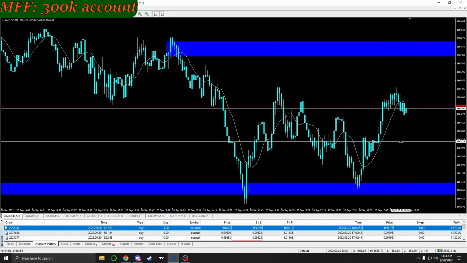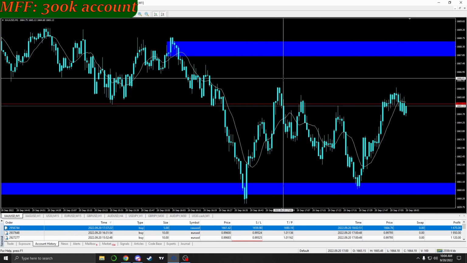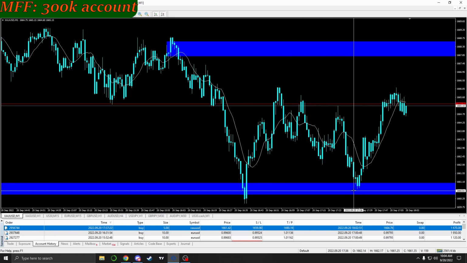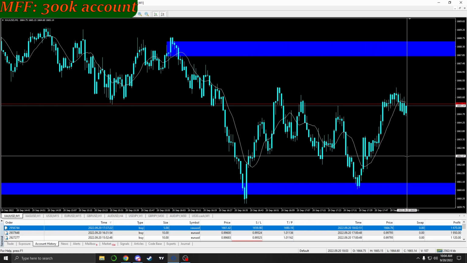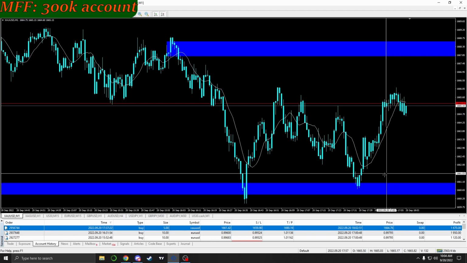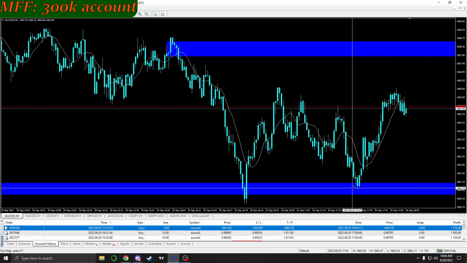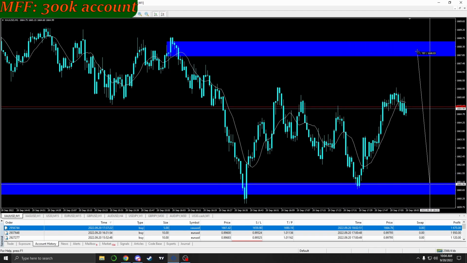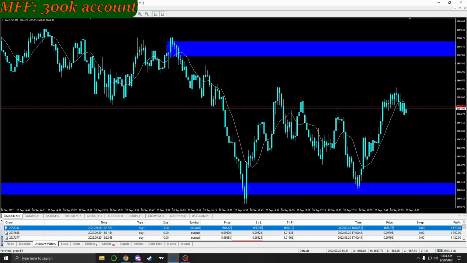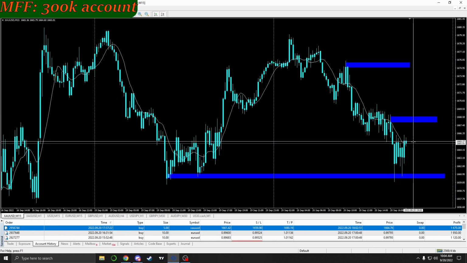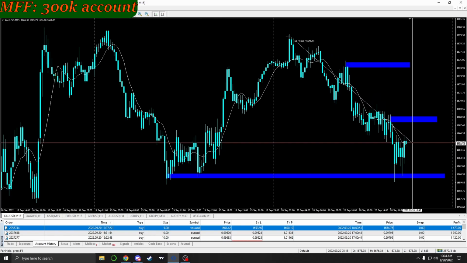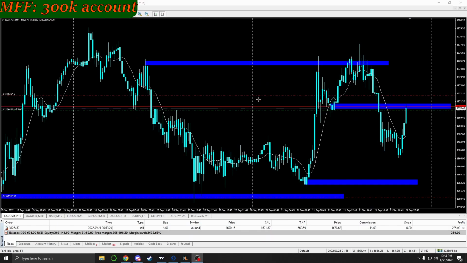So potentially, it did break structure though. So it did fail to break this low. So I kind of want to see it come back down and see if it'll break this low again. I may look for another entry, and then we'll be looking to take it up to 1670 or potentially even longer, as I've stated before.